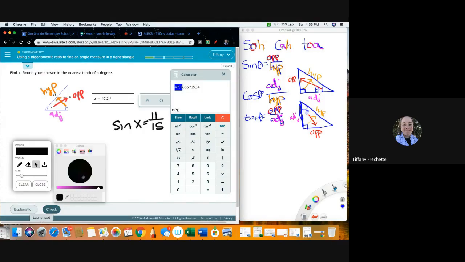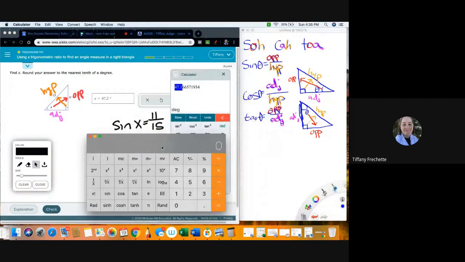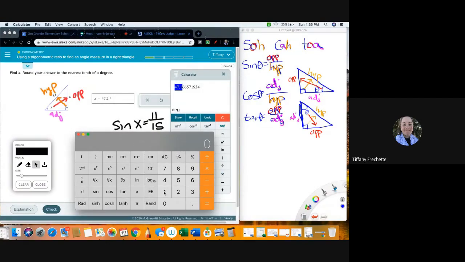I did want to show you one thing really quick. If I have this calculator open and I do 11 divided by 15 equals, I get the same decimal. And this is the calculator I think that's pretty common on most phones. Well, I don't see my arc sine, I only see sine. I have to hit the second button in order to see that. And now I can hit it and it'll tell me the same answer.